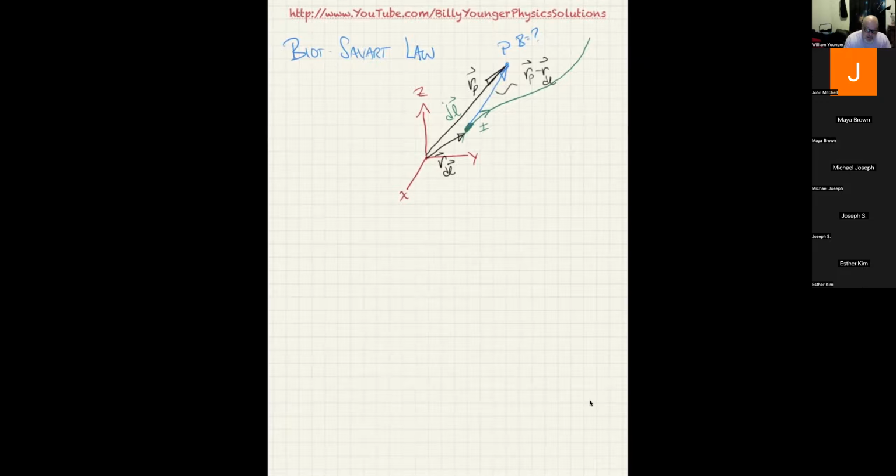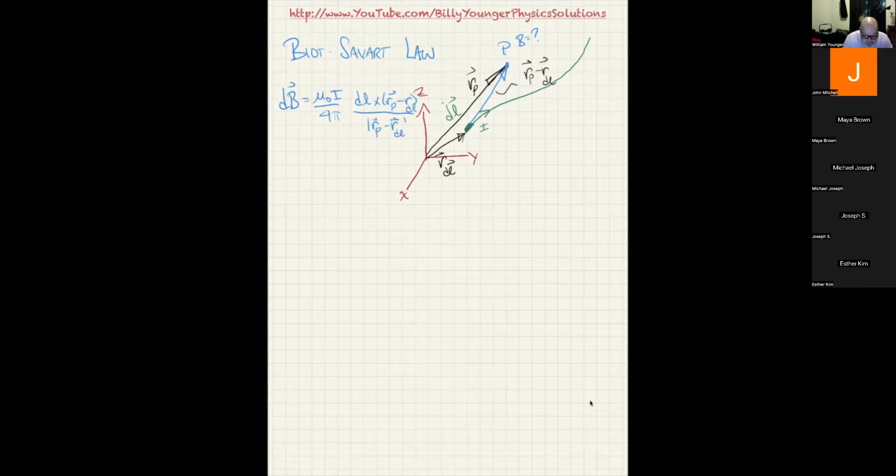Okay. When you do that, then it turns out that dB, the little bit of magnetic field that you get over there at point P, is given by mu 0 I over 4 pi times DL cross RP minus RDL, all that divided by the magnitude of RP minus RDL.